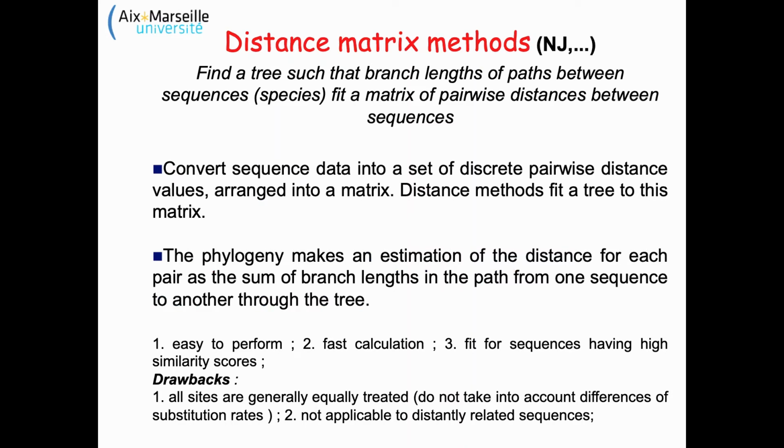So how those methods work, in particular here, I'm talking about the matrix method or the neighbor joining. It's really simple. If you have a set of sequences, it first performs the pairwise distance, or the homology, between each pair of sequences, and that leads to a matrix.